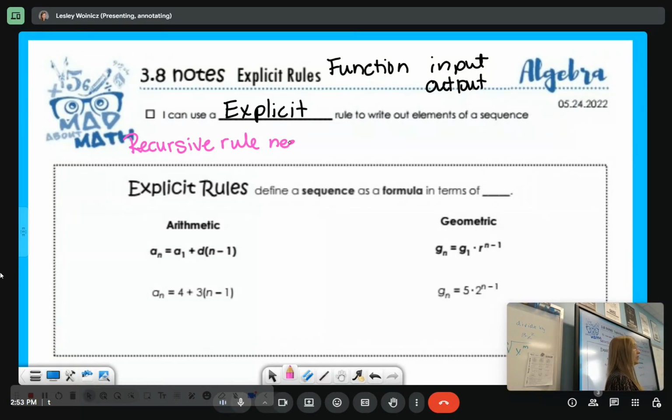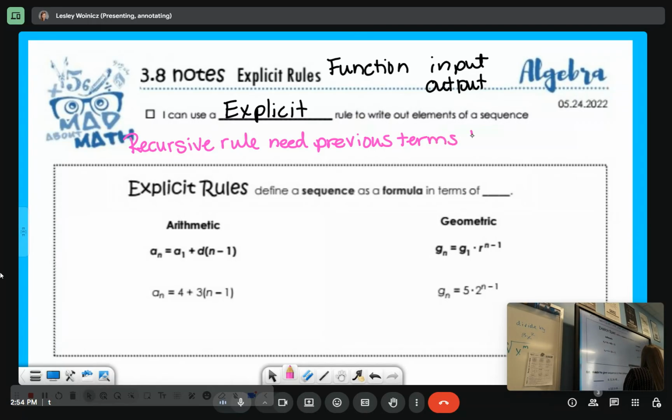With an explicit rule, we don't need that. An explicit rule is actually defined in terms of n instead of just using the previous term. I'll show you what I mean in a second, because right now that just sounds very abstract. We're going to make it a little bit more concrete.